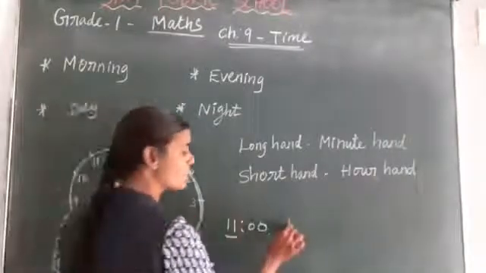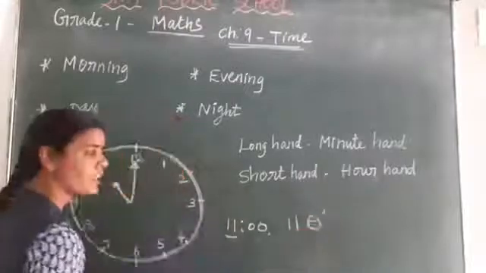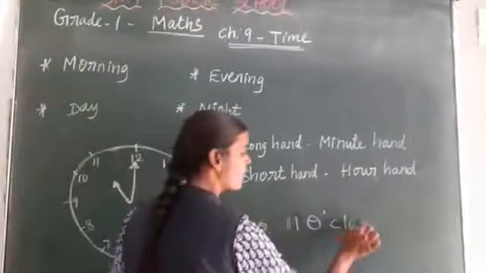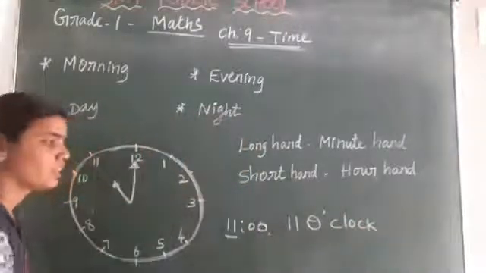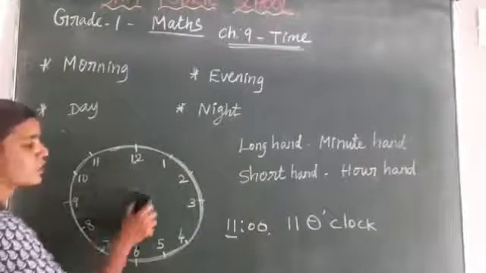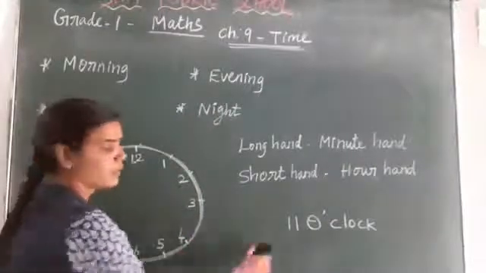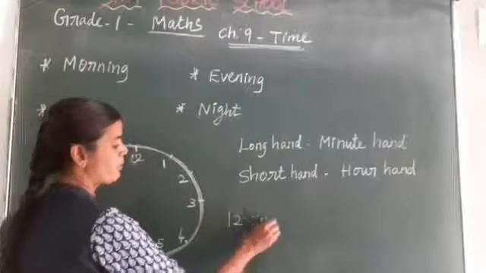11 o'clock, like this. How do you write it? 11:00, 11 o'clock. This is one way. Suppose they ask you to draw the hands of the clock for 12, the exact time 12.